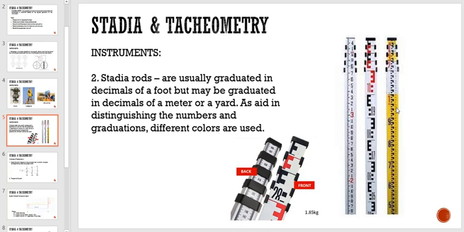As an aid in distinguishing the numbers and graduations, different colors are used. If it is by meter, it is color-coded: one meter yellow, the next meter white, then yellow again. This is because sometimes the sighting through the telescope is far and the graduations are not easy to see, so we use different colors for the gradations.